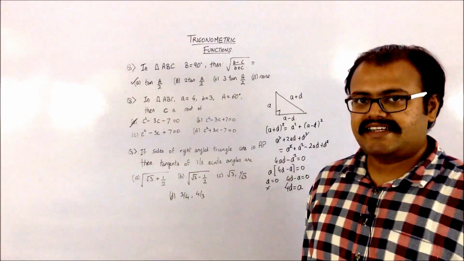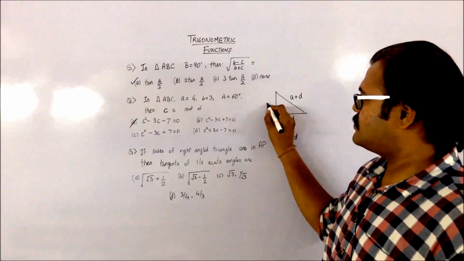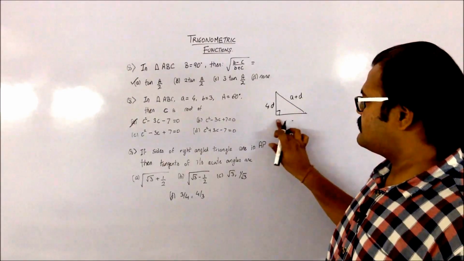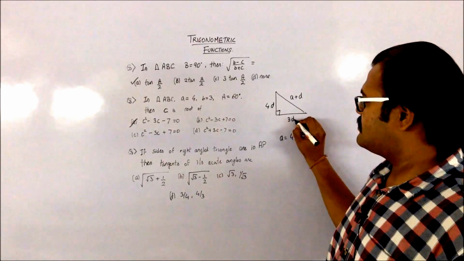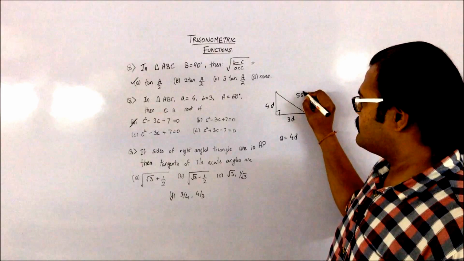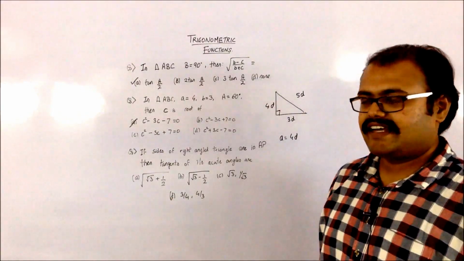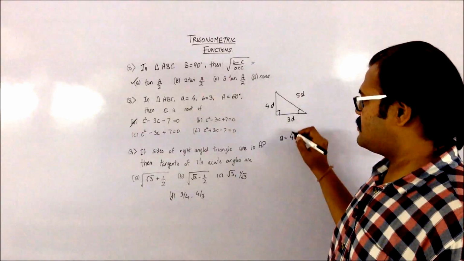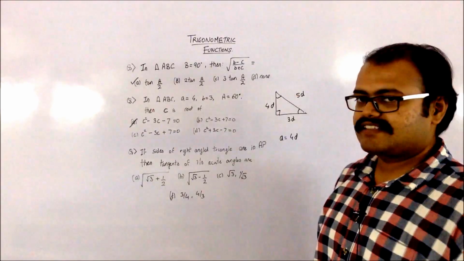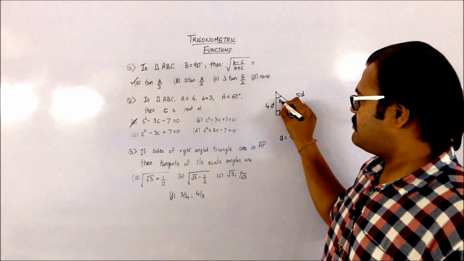Now let us see the sides which we are getting. In the triangle, I will be getting this side as 4D. This will be my 3D. And this one will be my 5D. So if I want to find the tangent of the angles, I have to find the tangent of this angle and this angle. Let us say this is my alpha and beta.